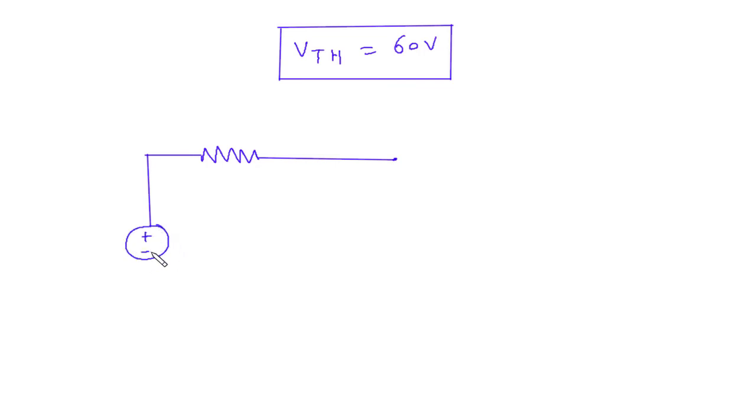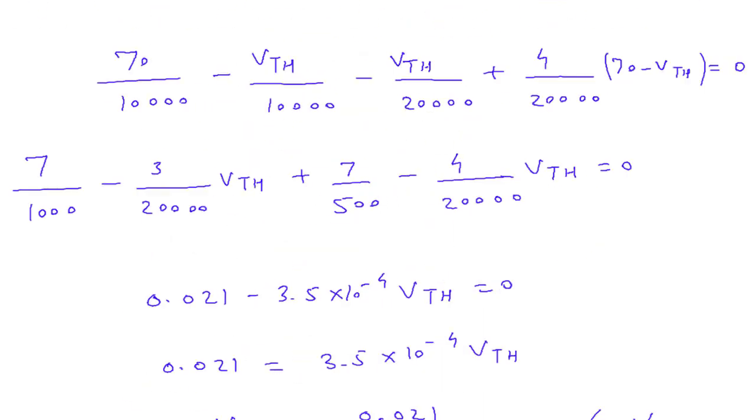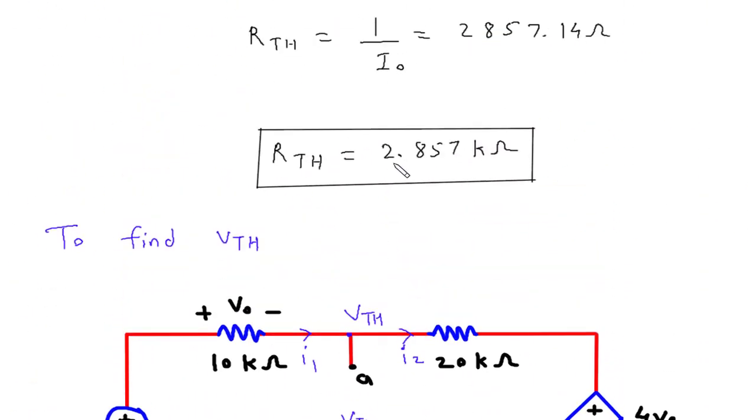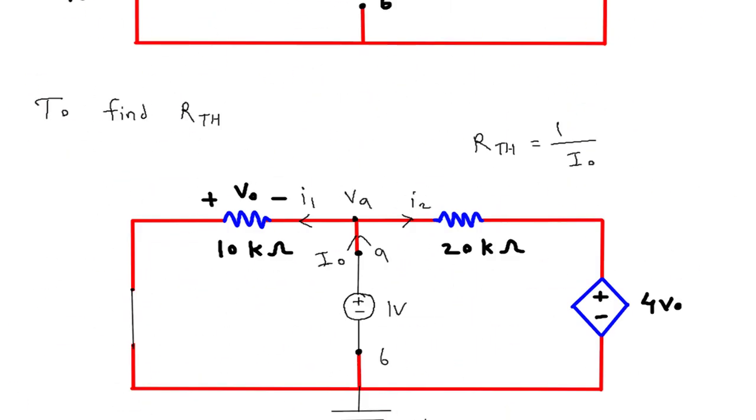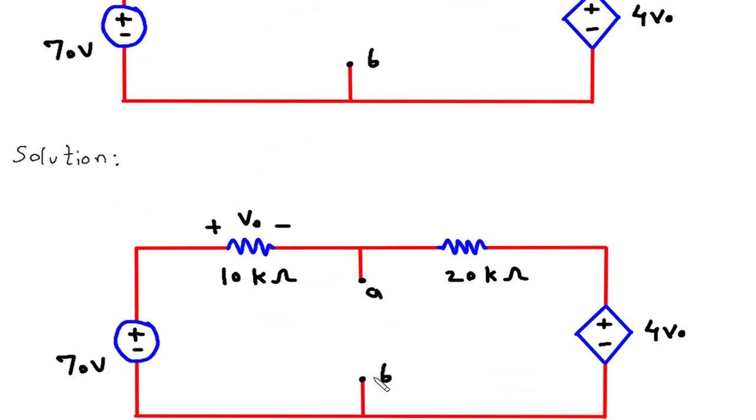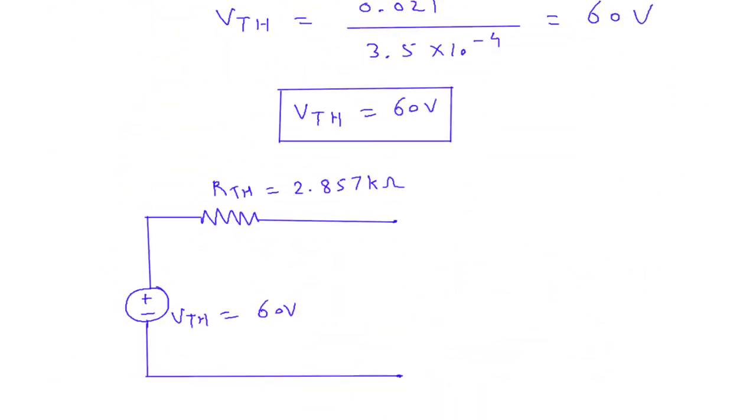This is Thevenin voltage VTH which is equal to 60 volt, and this is RTH which is equal to 2.857 kilo ohm. This will be terminal A and this will be terminal B.